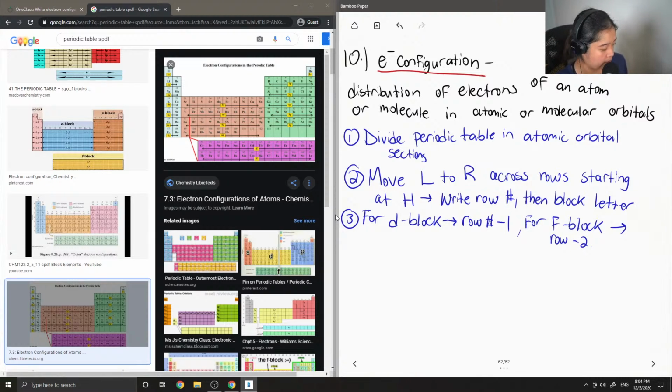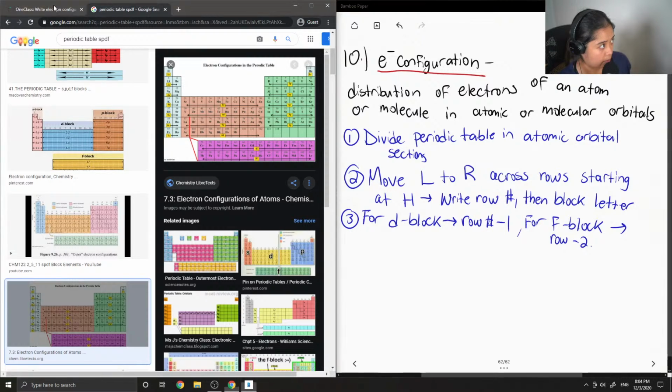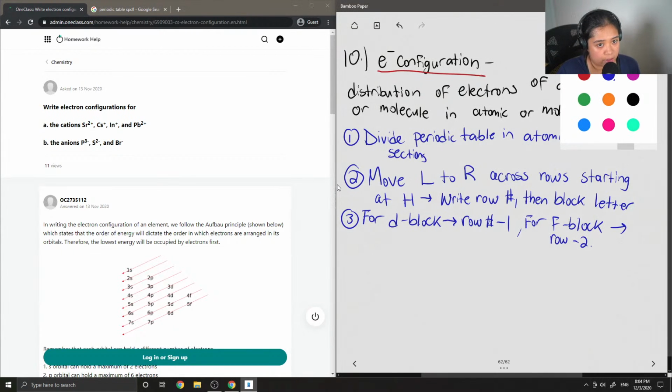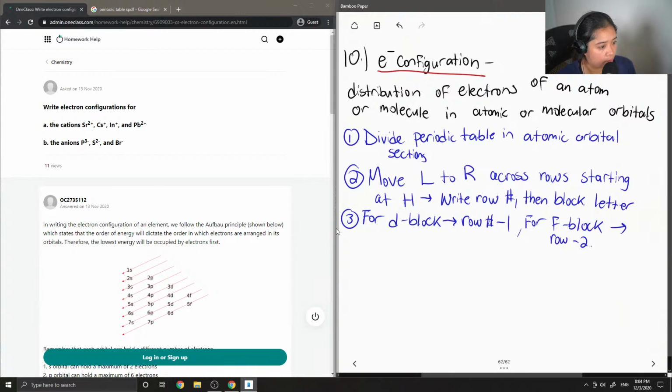Okay, so let's look at the ions that they want us to solve for. First, part A: Sr, cesium, indium, and lead.